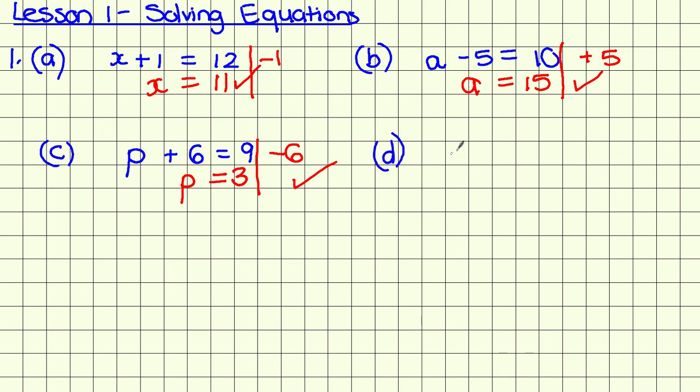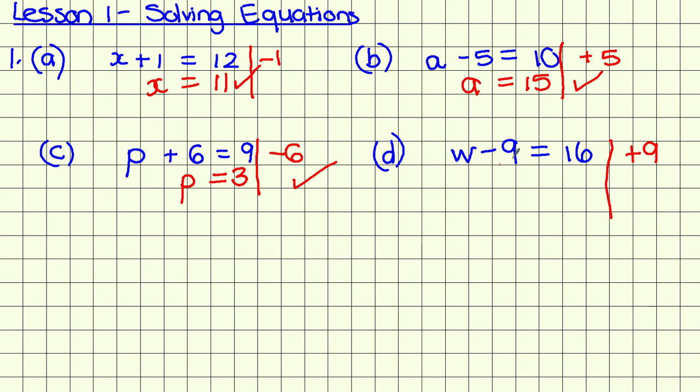And last one, so it's going to be w take away 9 equals 16. Again, first thing you do is you do a method line. Then you're looking to get that letter by itself. So remember, we always do the opposite. So the opposite of take away 9 is going to be plus 9.